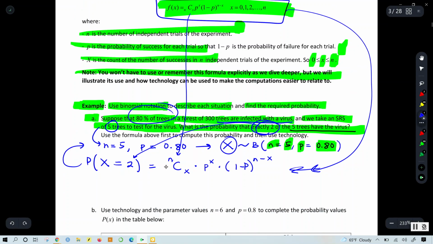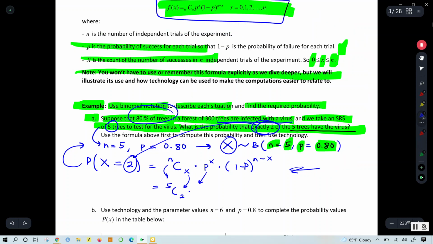So my n is 5 combination x, x is 2, p is 0.80, so we have 0.80 raised to the power 2. And then 1 minus 0.80, which is of course 0.20, so I'm going to replace that with 0.20. n again is 5, minus x again is 2.